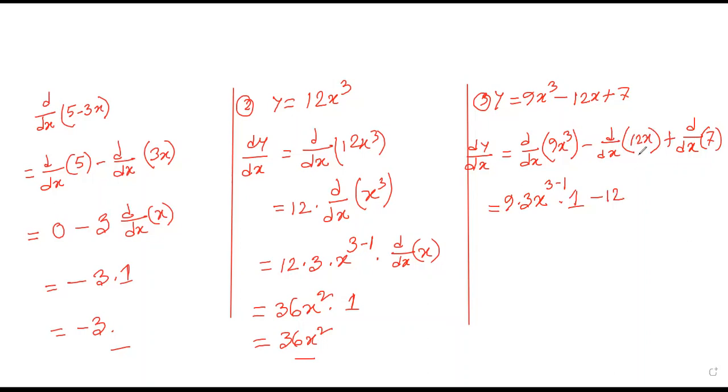And if I differentiate the x only, then it will be 1. If I differentiate the constant, it will be 0. So we can write here 9 3s are 27, x square minus 12. So this is the answer. I hope all of you have understood it.